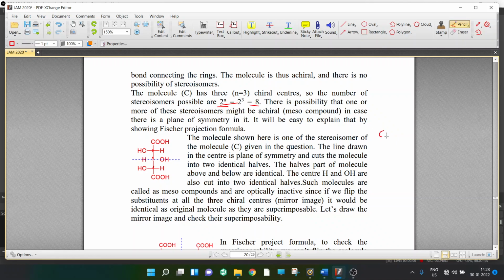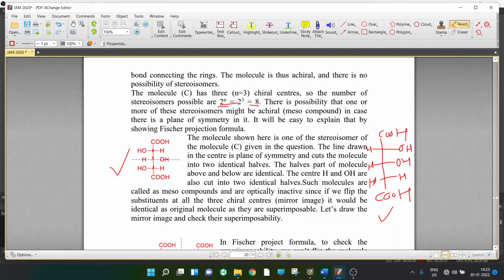So if COH is there, COOH, see these two are different.